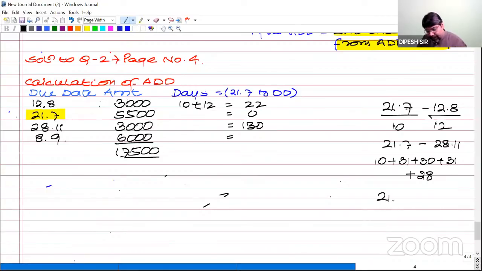Then 21st of July to 8th of September. July 10 days, because of the 31 days of July, 21 are gone, so you're left with 10 days of July. Full August 31 and 8 days of September.